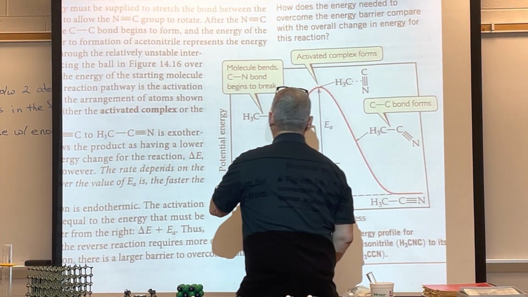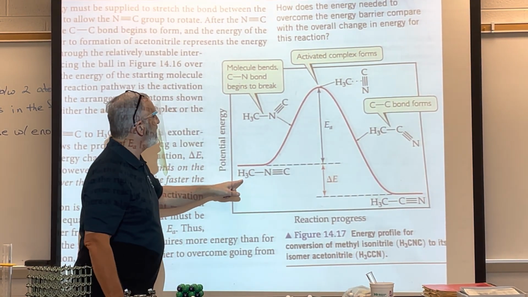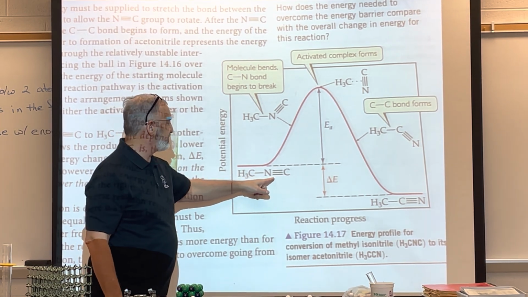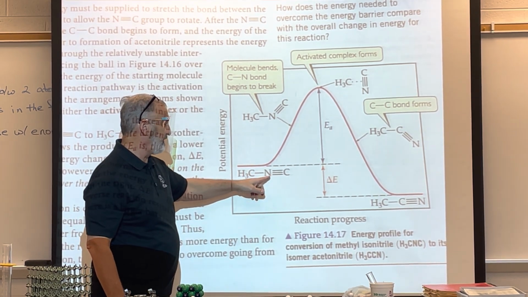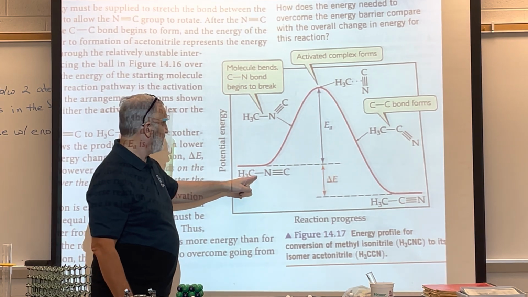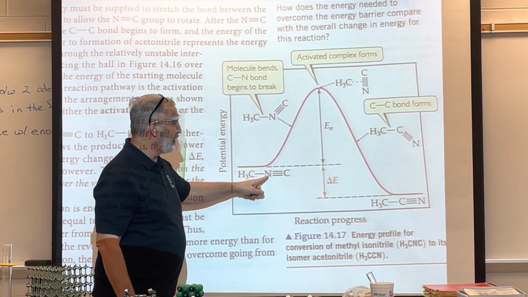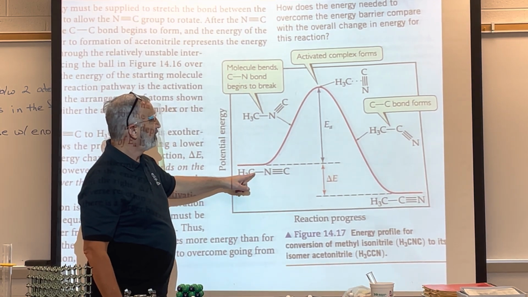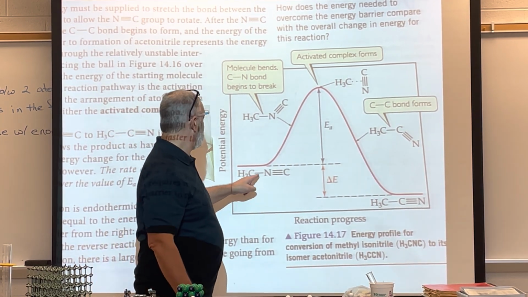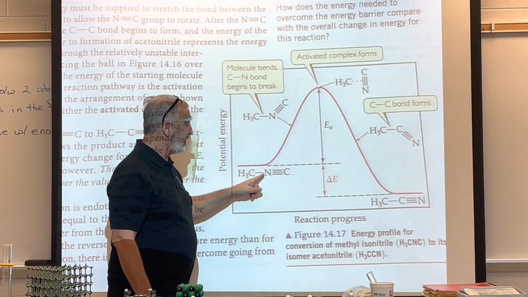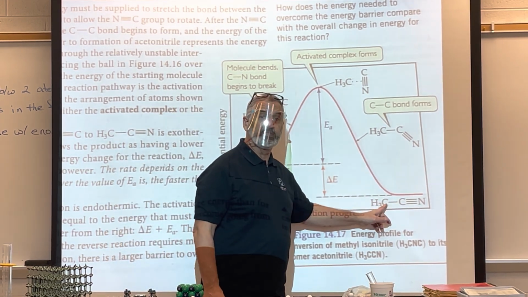You have this very complicated molecule. This is your methyl cyanide, probably methyl isonitrile. Okay, so we have this, and it's being formed into where the carbon and nitrogen are bonding here, the carbon and carbon are bonding here, okay?